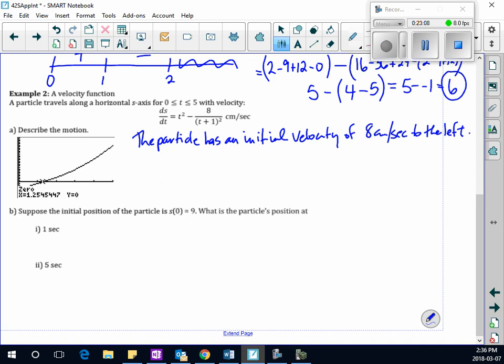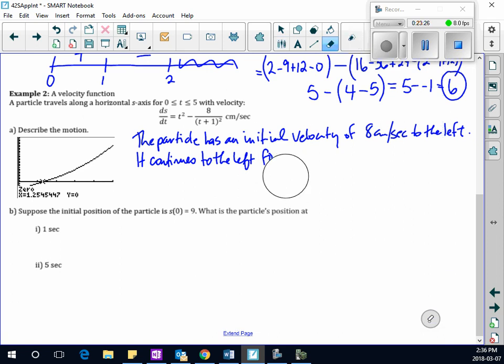Right there, it tells me 1.25 seconds. We're going to do 3 decimal places though. So it continues to the left until it stops at approximately 1.254 seconds.